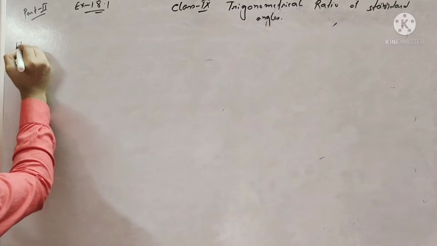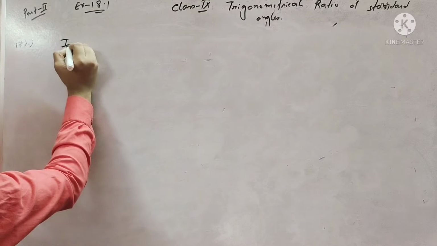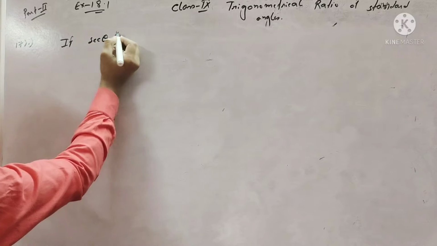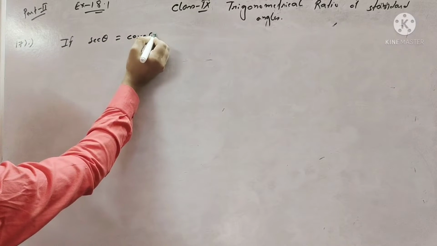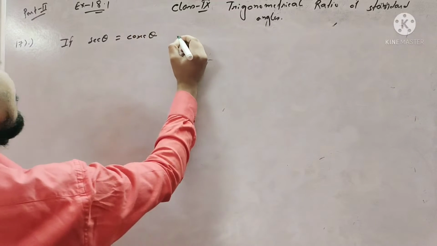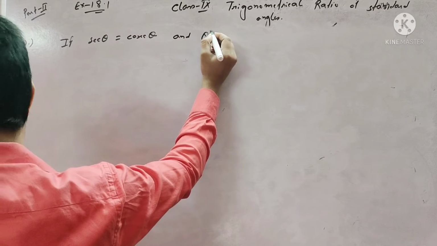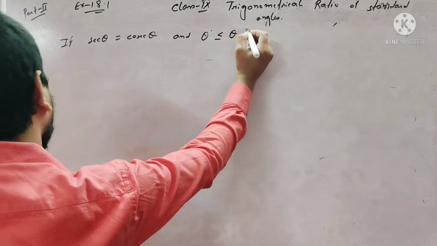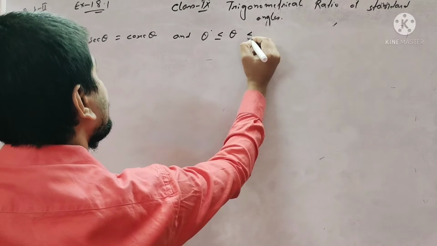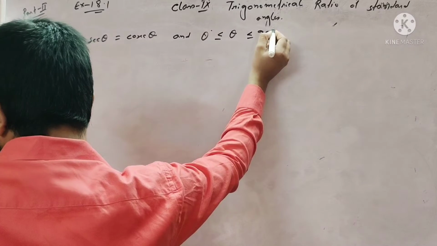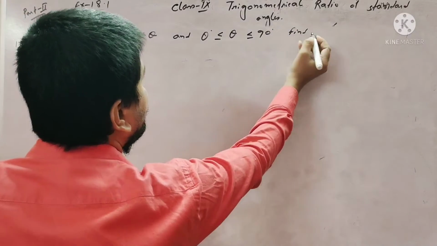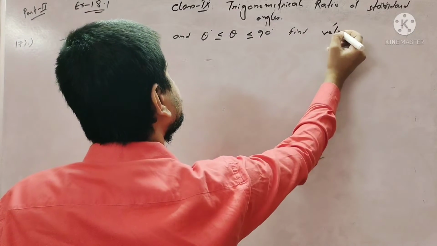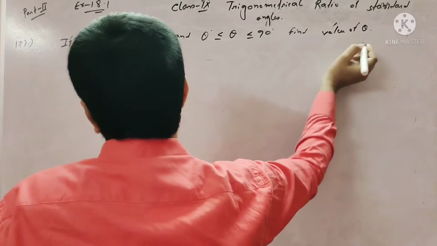Question number 17.1. If sec theta equals cosec theta and theta is greater than 0 degree but less than or equal to 90 degree, find the value of theta.